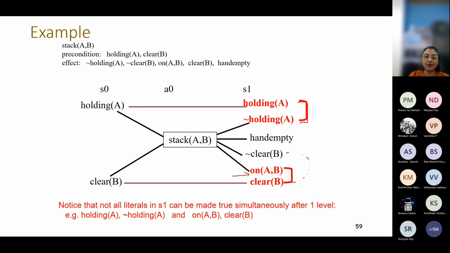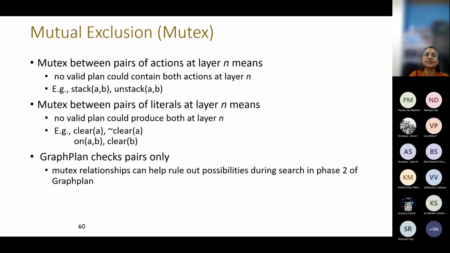We will look at all four possible types of mutex. But before that, let us define this. Now, mutex can be between propositions, between actions, etc. So, mutex between pairs of actions at layer n means no valid plan could contain both actions at layer n.